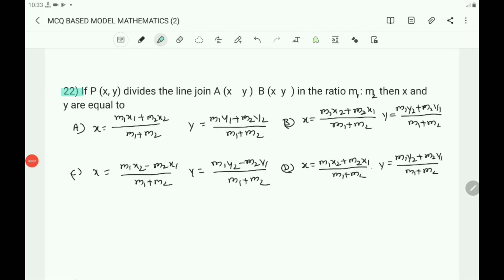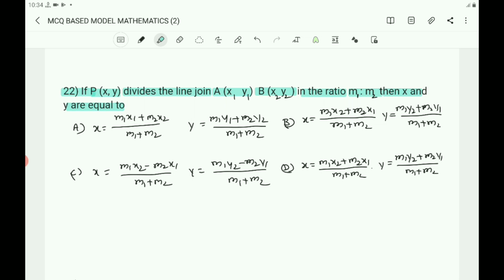Now take question number 22. If P(x, y) divides the line joining A(x1, y1) and B(x2, y2) in the ratio m1 is to m2, then x and y are equal to what? You know that it is the section formula.